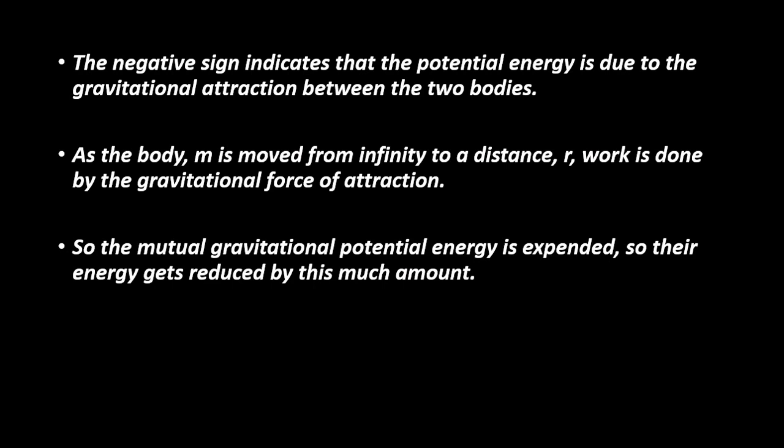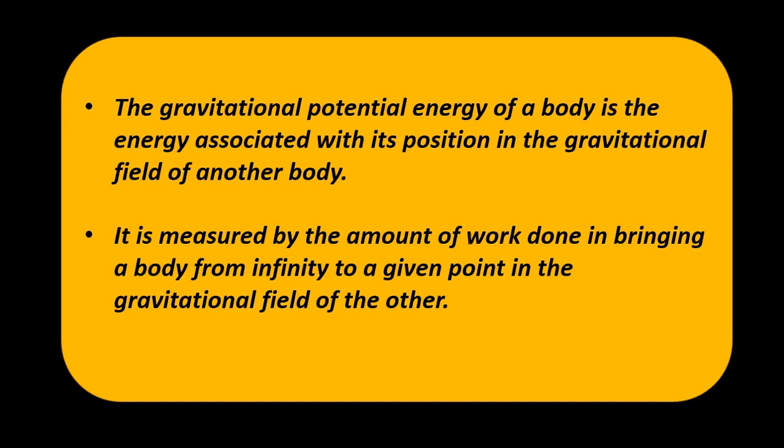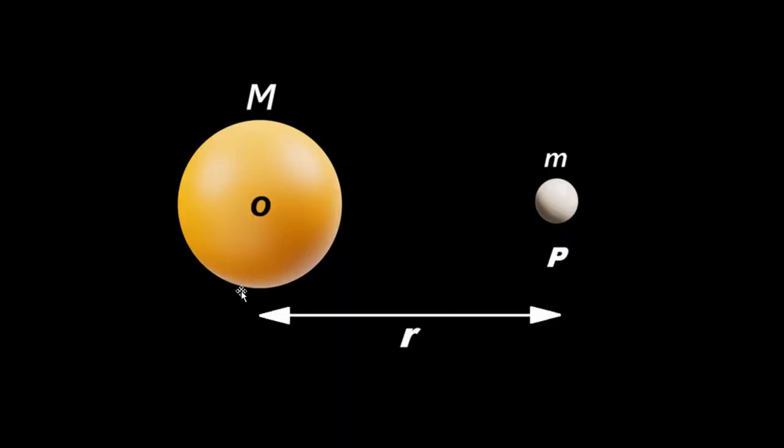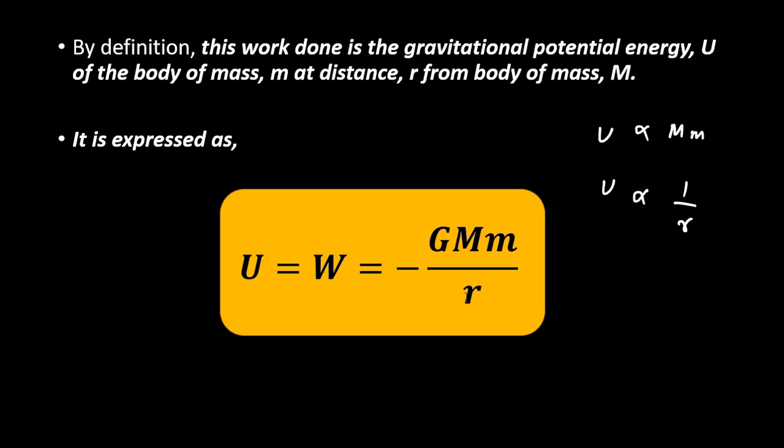So what is the definition of gravitational potential energy? The gravitational potential energy of any body, any object of a certain mass, is the energy associated with its position in the gravitational field of another body. As the position r changes, the gravitational potential energy changes.